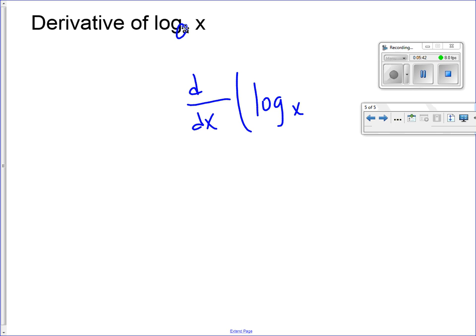Oh, that should be an a right there, not an x. So if you want to take the derivative of a logarithm, kind of like the natural log, it'll be 1 over x, but just like we had to do with the exponential functions, we have to multiply that by the natural log of the base.